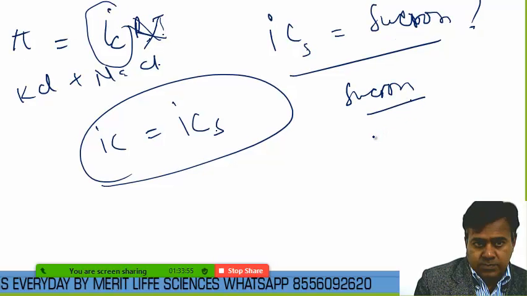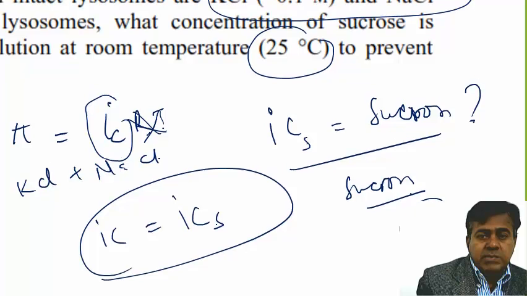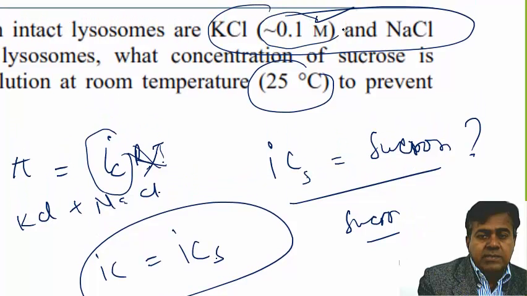And what about the sucrose? It should be 0.13. So now it's easy to predict the concentration. They have given the concentrations in molar, so can you predict what molar solution of sucrose should be taken?